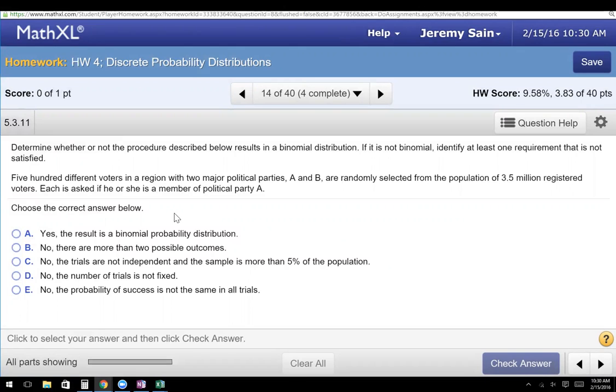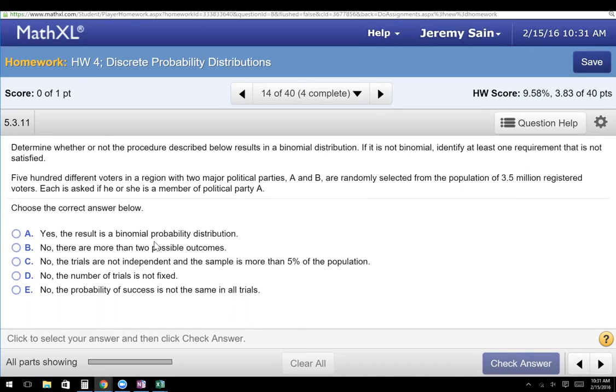Okay. Is this binomial? 500 voters in two political parties are randomly selected from the population of 3.5 million. Is he or she a member of A? What do y'all think?